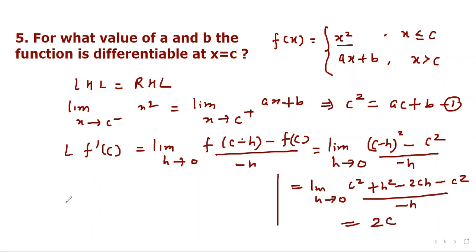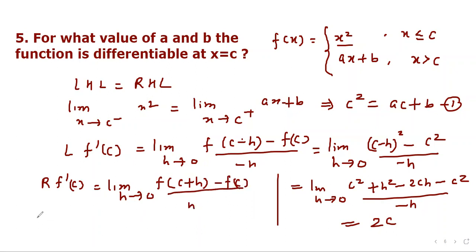Now we consider right hand derivative Rf'(c). That would be equal to limit h tends to 0 f(c plus h) minus f(c) divided by h. So it will be equal to limit h tends to 0, and this time we have to consider this function.